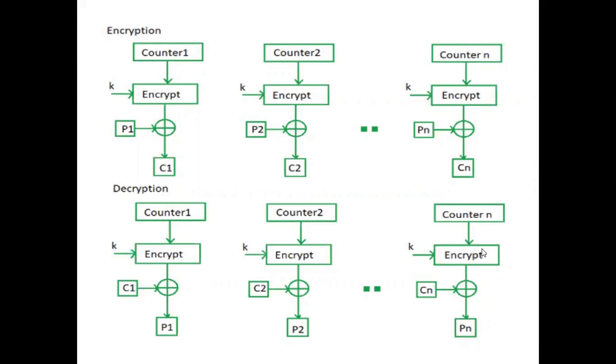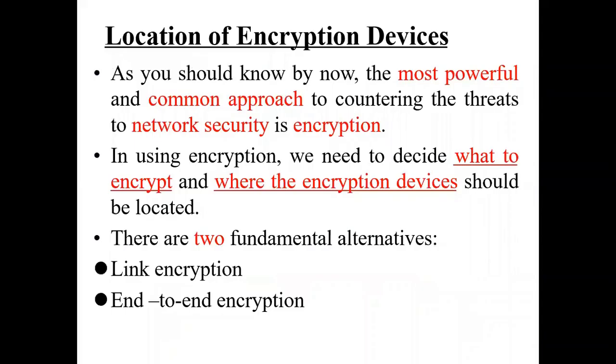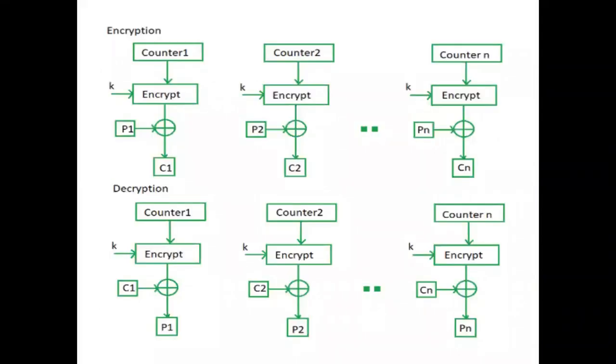Finally, you will get the plain text after the decryption process. This is the counter mode. You are giving different counters to each block to perform the encryption process and also the decryption process here.